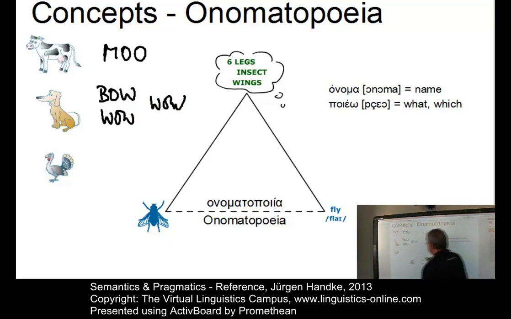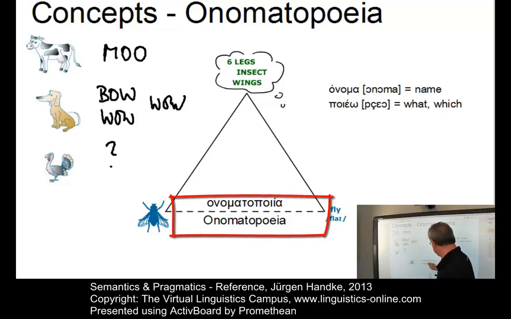Well, and it is even less comprehensive if we look at the cock over there. In German it goes kikeriki, in English cock-a-doodle-doo, and what about your language? I think you can clearly see that onomatopoeia only affects a handful of items. This is why this bottom line here is dashed and not a straight line.